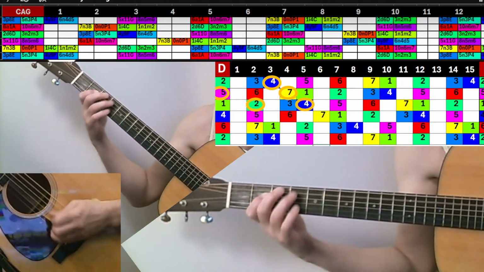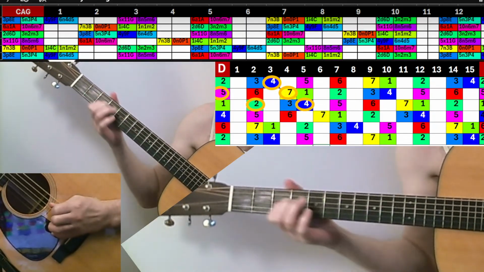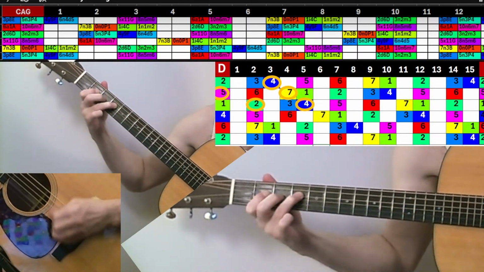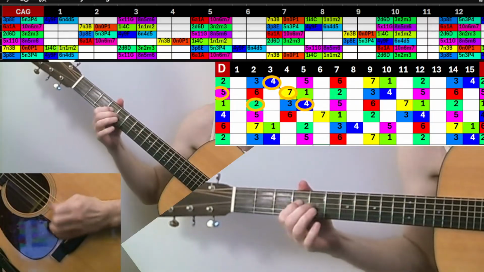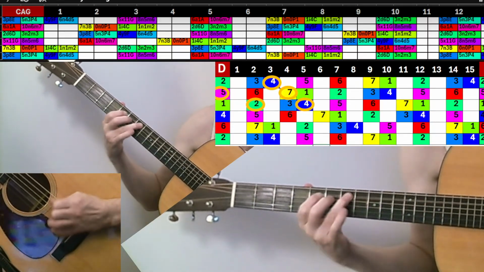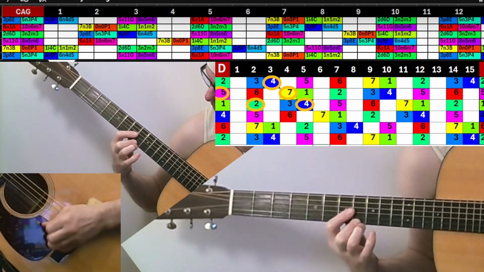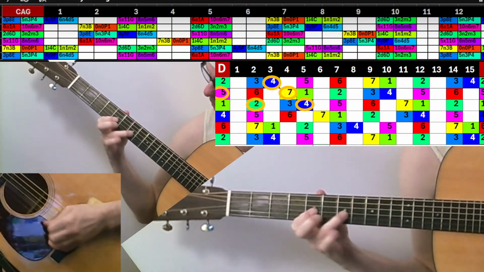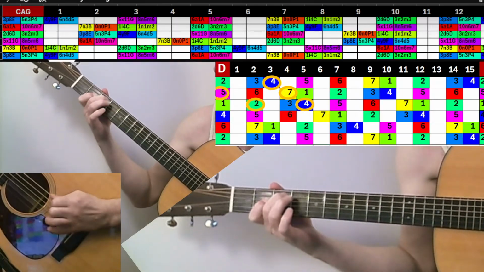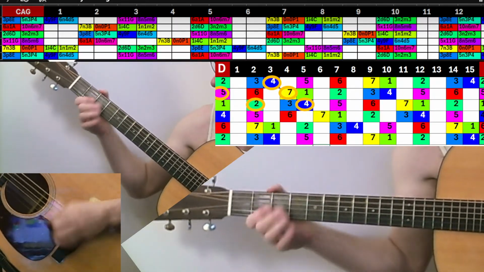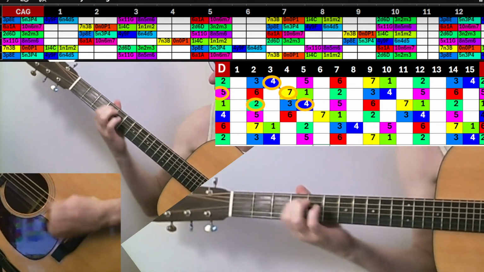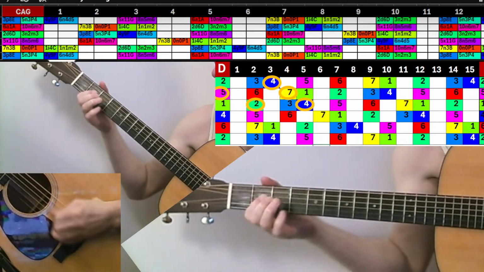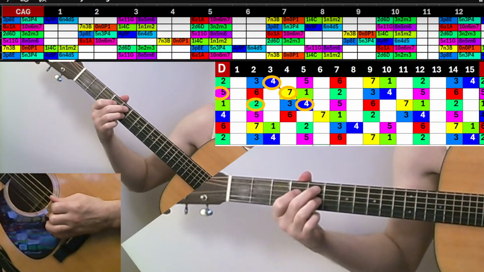So maybe, and then I'm going to move up here to the D. For that last one, I've only worked on the two. We're going back and forth.